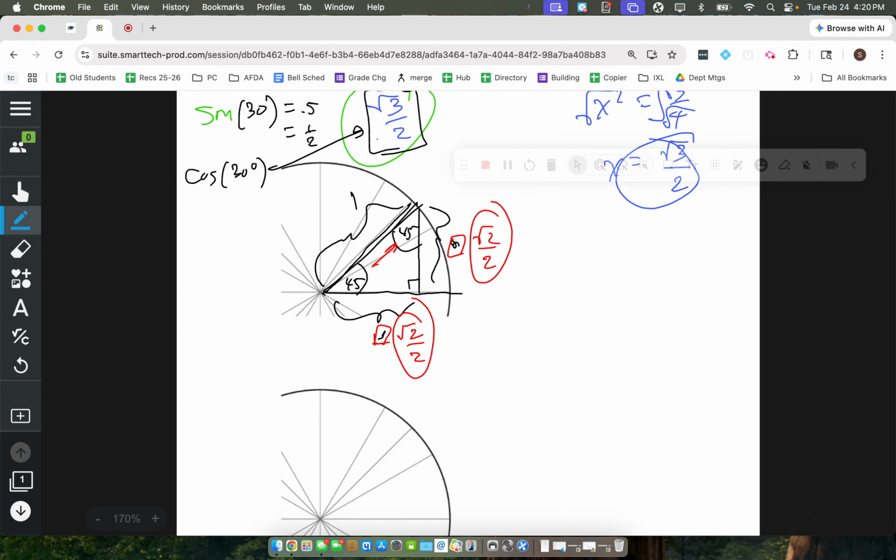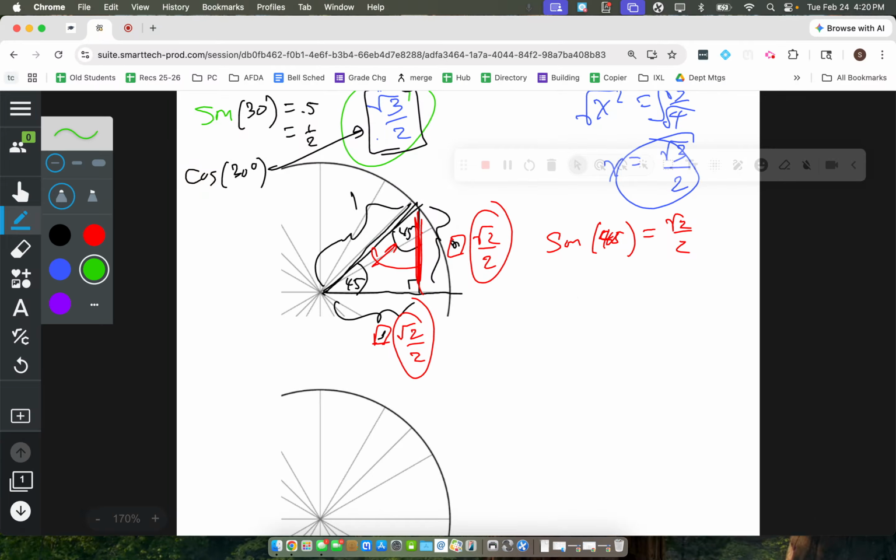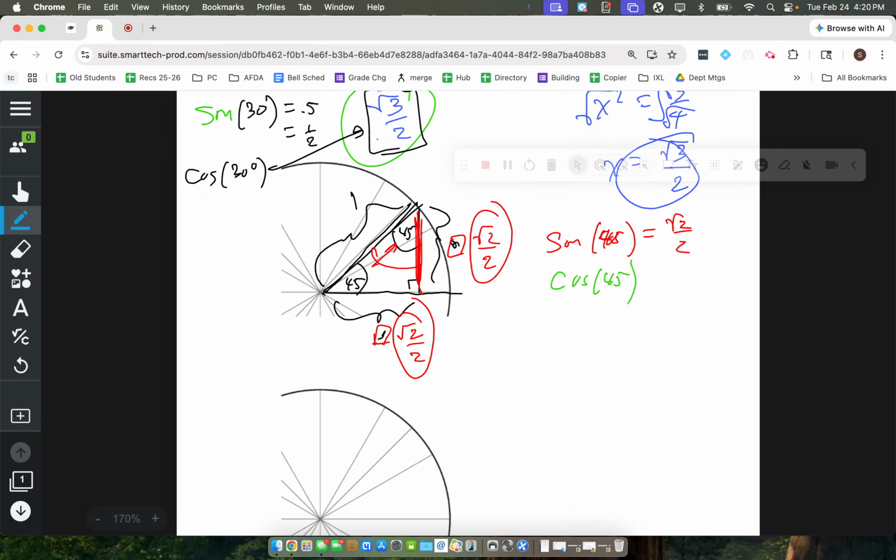Okay? So same thing. Sine of 45 is this length over 1, so you can ignore that 1. It's that. The cosine of 45 is adjacent over hypotenuse. Who cares about the hypotenuse?